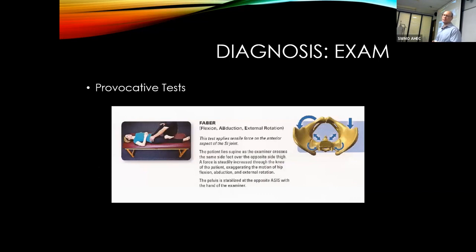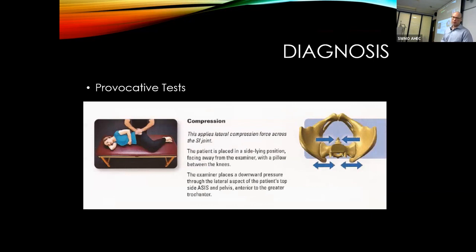Other provocative tests for the SI joint, there's a lot of them, but we think of FABER's test, right? So flexion, abduction, external rotation, put their ankle on their other knee, push down, really crank it up. If they have hip pathology, that's going to be provocative too, right? But it also increases the suspicion for sacroiliac joint pain. The compression or SI compression test, you lay them on the table and you're basically just trying to get that SI joint to grind.